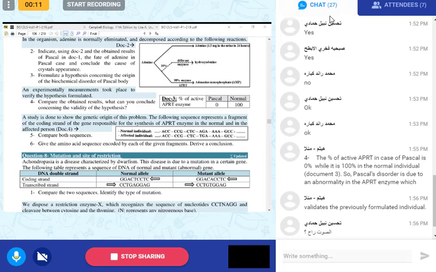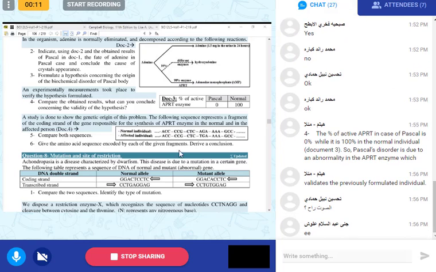Okay Jana, can we continue please? Yes, of course. A study is done to show the genetic origin of this problem. The following sequence represents a fragment of the coding strand of the gene responsible for the synthesis of the APRT enzyme in the normal and in the affected person.